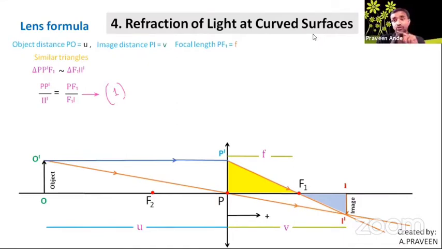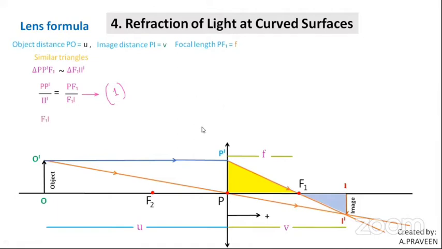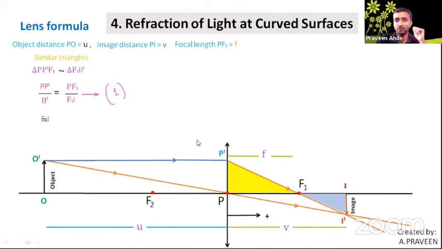So here I know the total length and one of the parts. How do I get the remaining part? I want to write F1I equals, how can I? Image distance minus focal length. Very good. So we write F1I equals PI minus PF1.